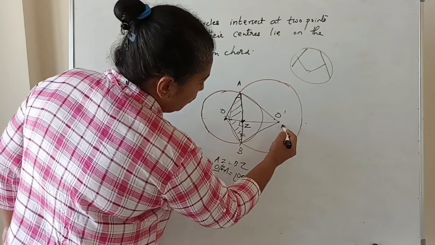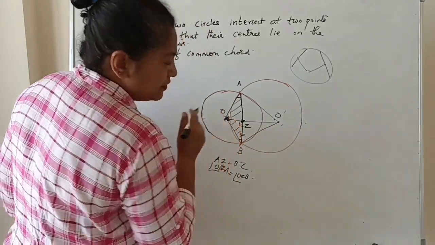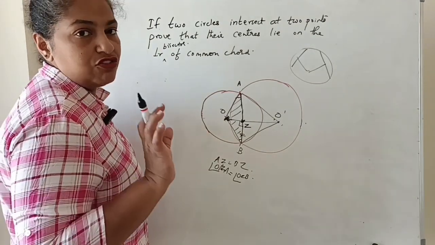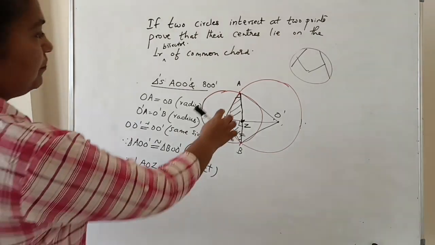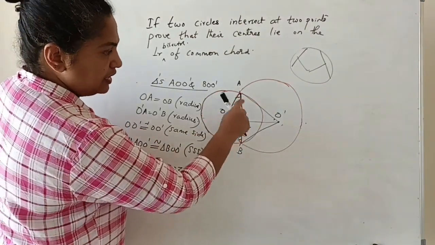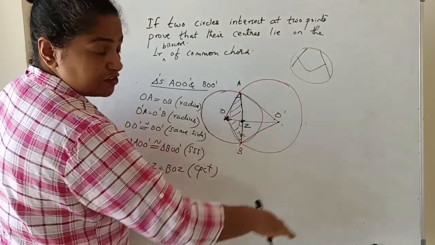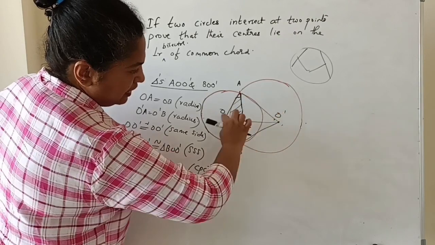Triangle AOO dash and triangle BOO dash have these two angles. We will check whether these two triangles are congruent. So you can see here that OA is equal to OB, radius of the smaller circle, or the first circle. O dash A is equal to O dash B, radius of the bigger circle. OO dash is a common side for this triangle and this triangle.